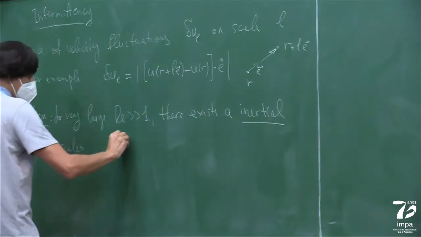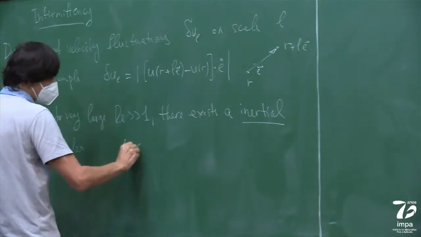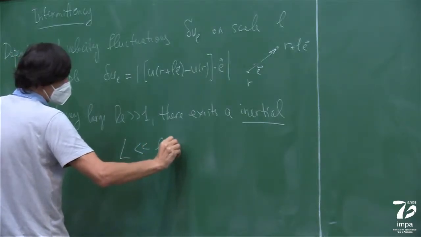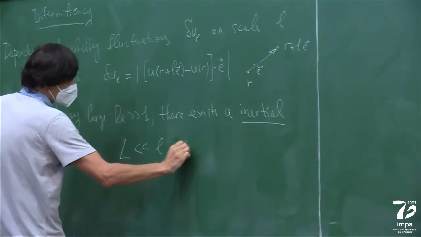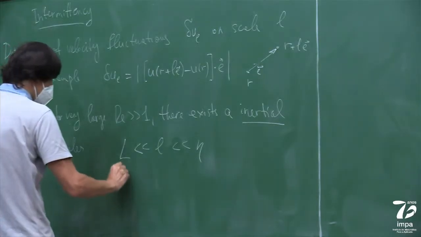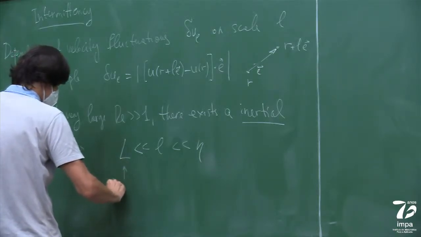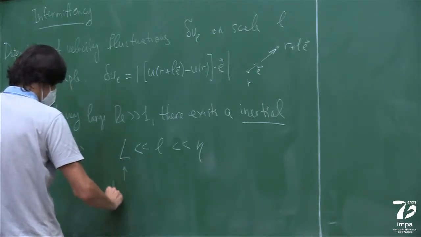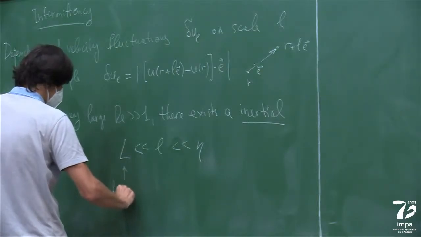So this interval of scales is between the big L and small eta. So the big L is the forcing scale.